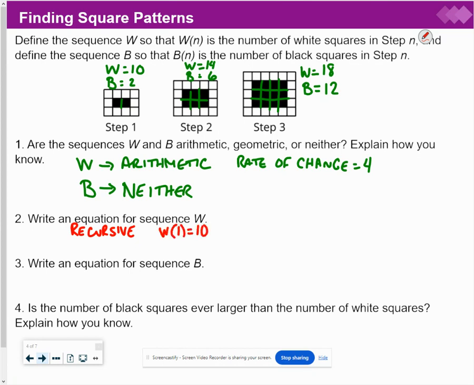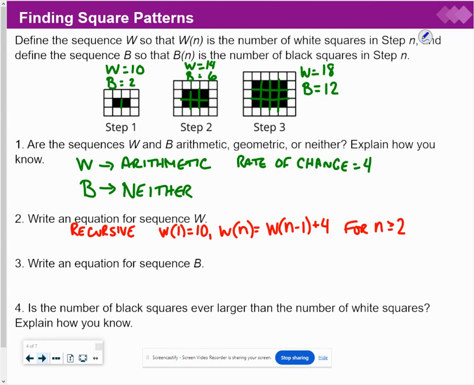So we started with 10 in the first step. And W of any step number would be the one before it, and we were adding 4. And because this started with step 1, we're going to say for n is greater than or equal to 2.